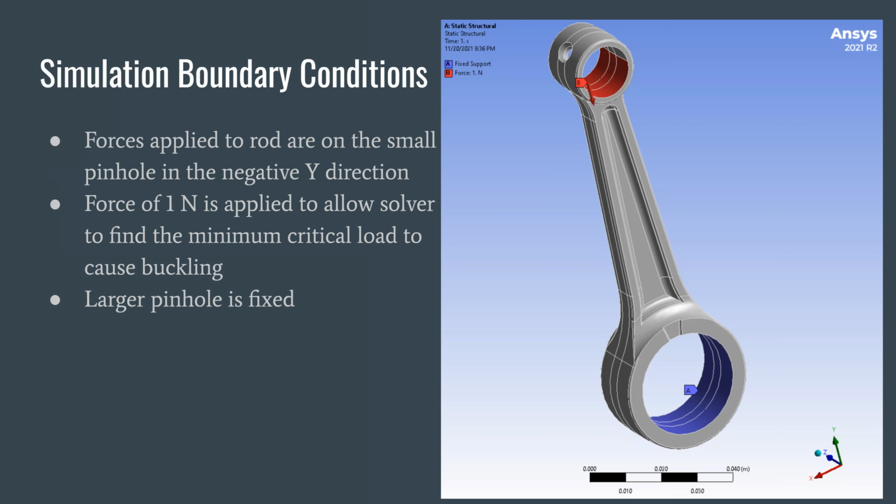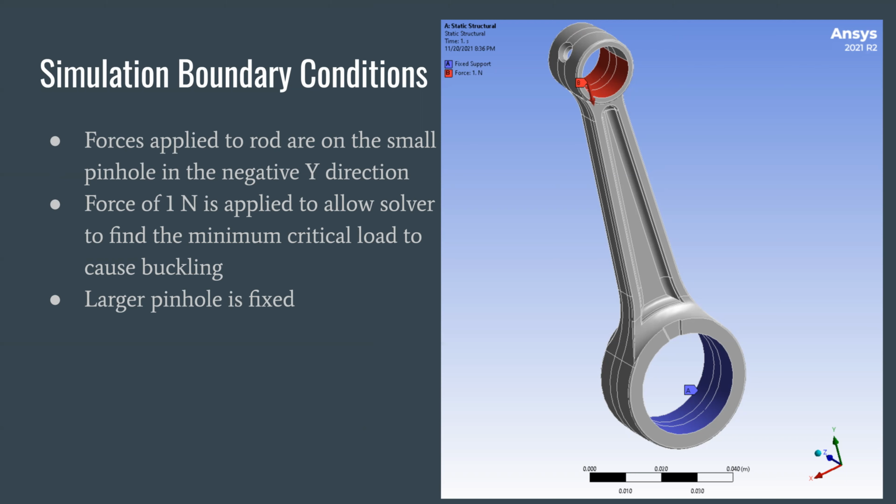That is due to the shafting that is compressing the connecting rod downward. And for the larger pinhole, we have assumed that it is fixed. So the only load boundary condition is the 1 Newton, which is applied in the negative direction.